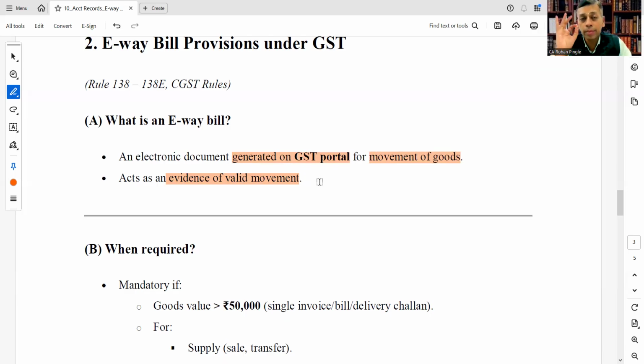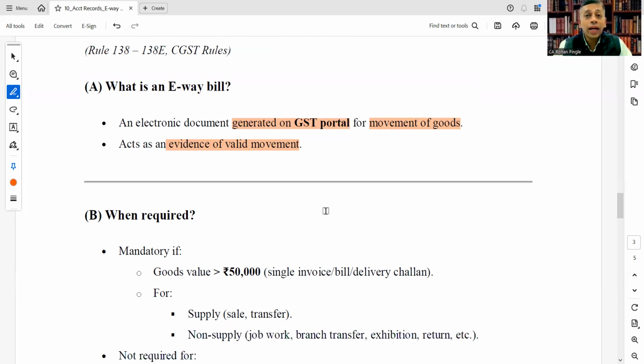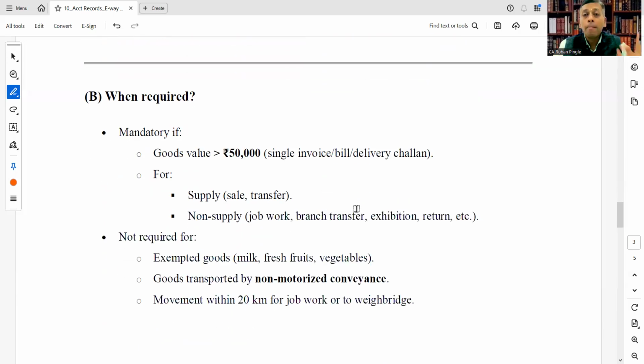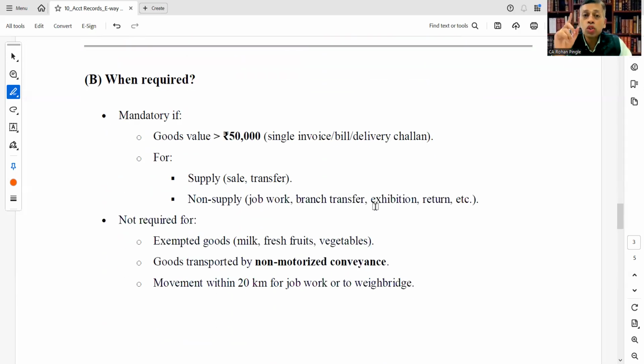So e-way bill is an electronic document generated on the GST portal for movement of the goods. It is an evidence of valid movement of goods. When required? It is mandatory if goods value exceeds rupees 50,000 in a single invoice, bill or delivery challan. In the state of Maharashtra, it is exceeding rupees 1 lakh.